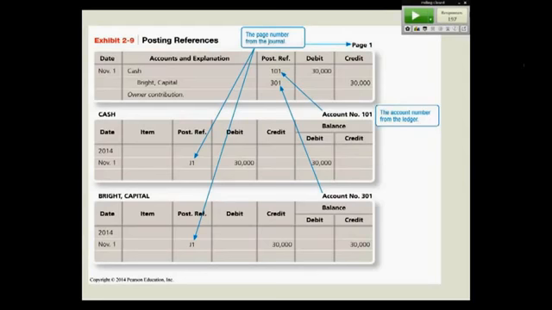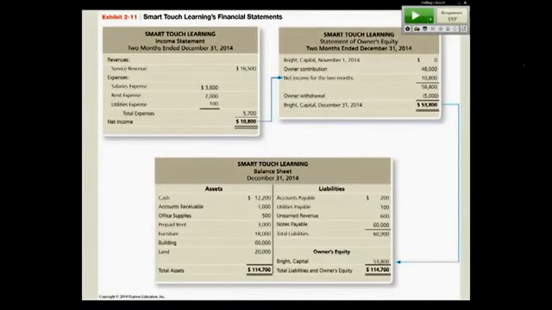And then finally, when we look at articulation, just make sure you're very comfortable with the notion that the financial statements tie together. So these are statements from the same period, and all the statements tie together.